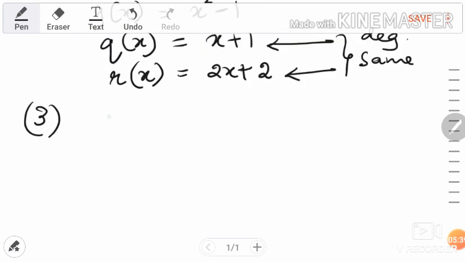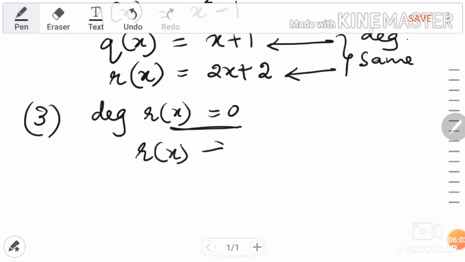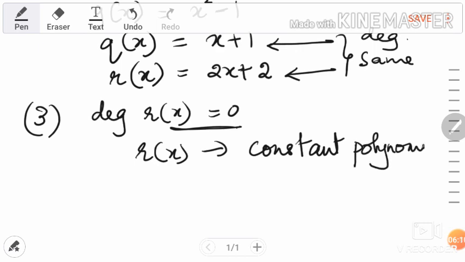Let us write down an example for the third condition, that is degree of remainder polynomial should be 0. For the degree of the remainder polynomial to be 0, the remainder polynomial should be a constant polynomial. So the remainder should be just a number.